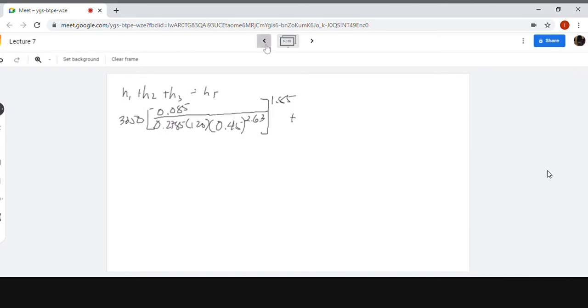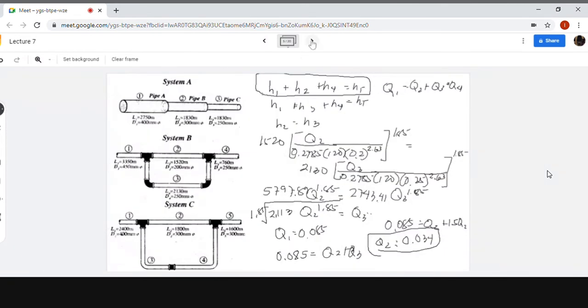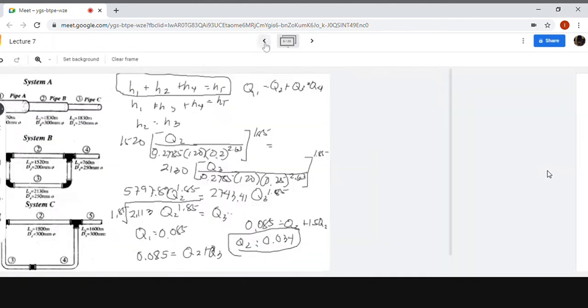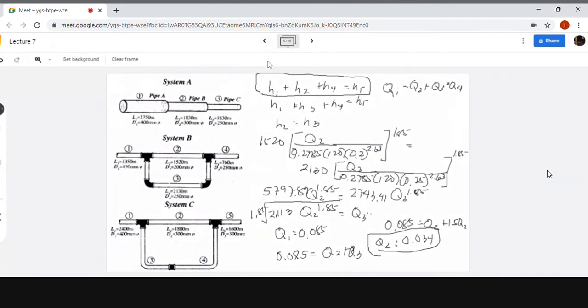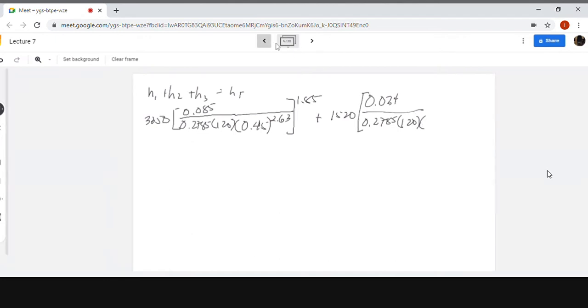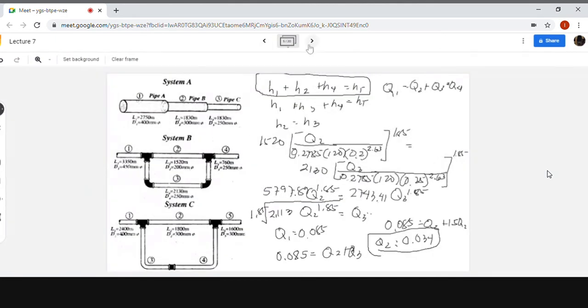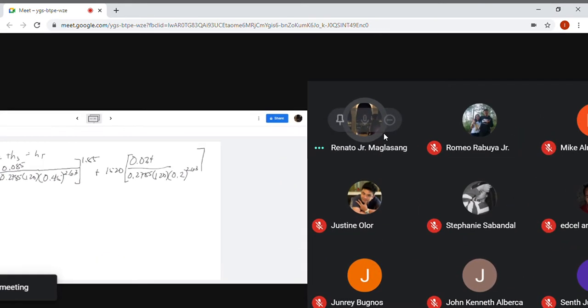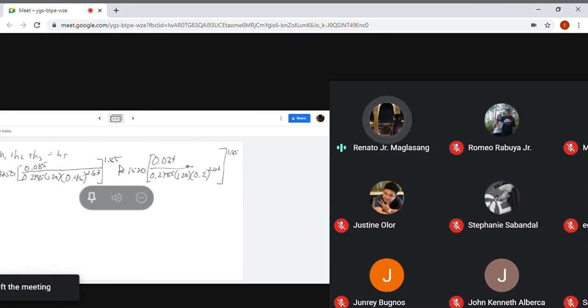So we get head loss 2 using this: 1,520 times 0.034 over 0.2785 times 120 times diameter of 200 mm, so 0.2 to the 2.63, to the 1.85.